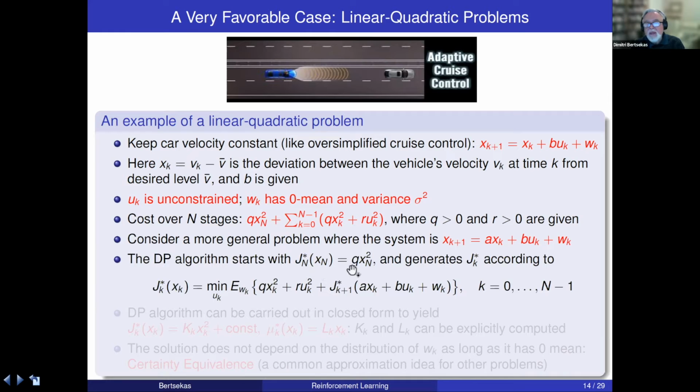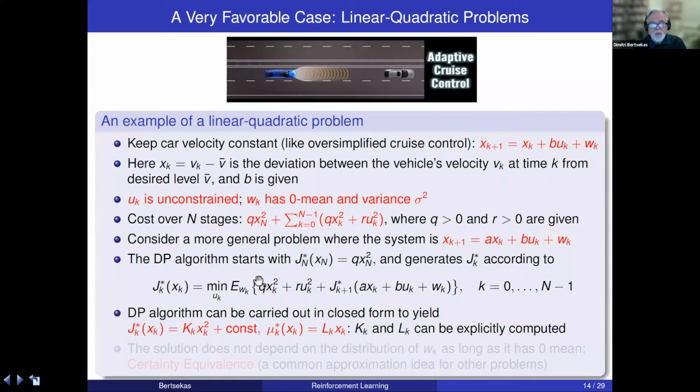And let's look at the dynamic programming algorithm. The typical step is like so. First stage cost plus cost to go from the next state according to this system equation. So we start at J_n star equals Q_n x_n squared, and we go backwards according to this equation. And the nice thing about this problem is that the dynamic programming algorithm can be carried out in closed form.